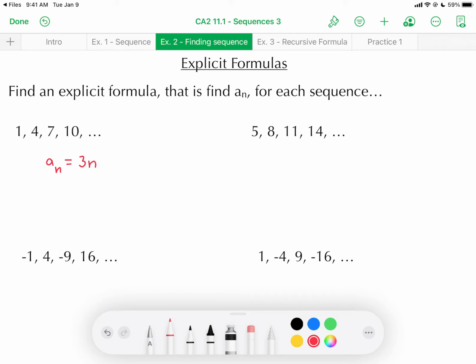Because I'm continually adding 3. Now, 3n in itself is not enough, because clearly if I make n 1, 3 times 1 is 3, but I need the first term to be a 1. So what should I tack on after 3n to make that happen?